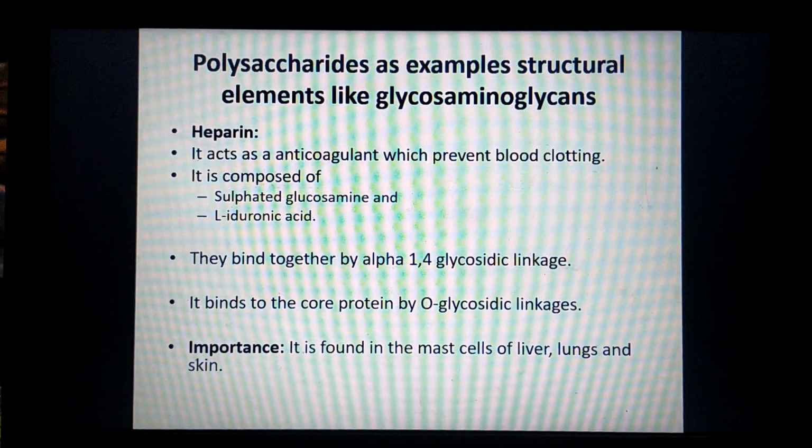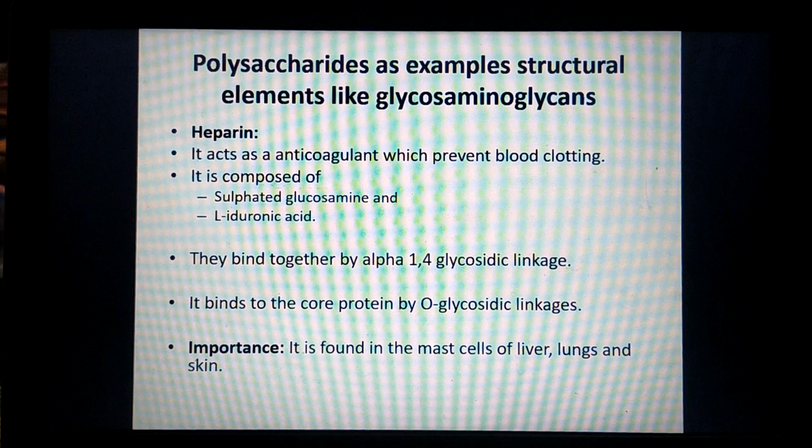Next is heparin. Heparin acts as an anticoagulant in our body which prevents clotting of blood in the blood vessels. It is composed of sulfated glucosamine and L-iduronic acid. Sulfated glucosamine, I have shown in the previous figure how that structure looks like. Now here there is only one linkage, that is alpha 1,4 glycosidic linkage.